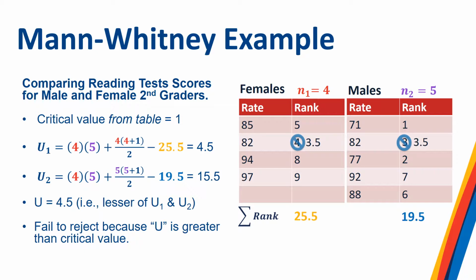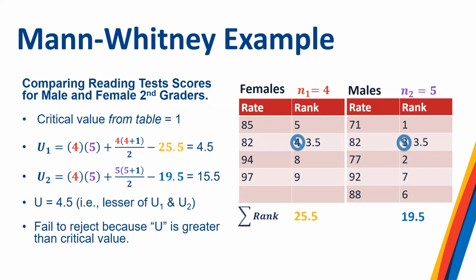Now we can see that U2 was 15.5 and U1 was 4.5, and so your U here is going to be 4.5. That's your test statistic. Remember from slide 6 that if U, or 4.5 in this case, is less than or equal to the critical value, you can reject it. However, because our critical value is 1, in this case we fail to reject.